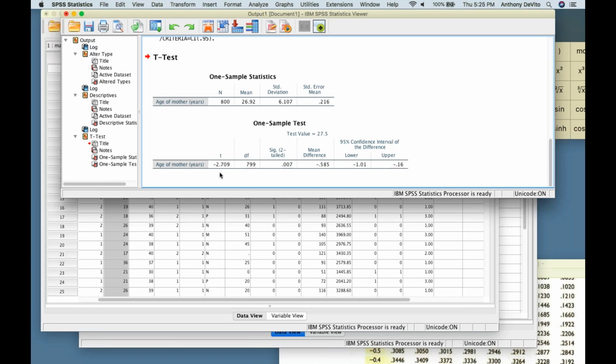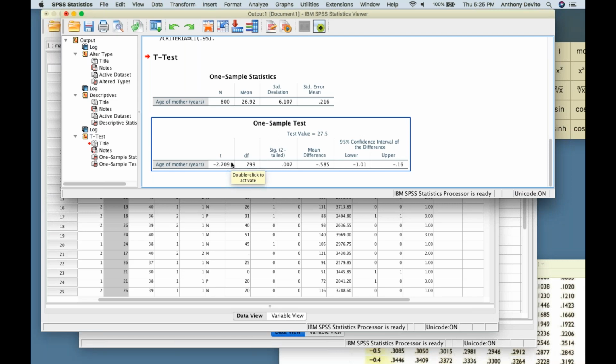Now, if it had come up 1.6, I would have failed to reject the null hypothesis. That doesn't mean mu1 equals mu2, right? I don't accept the null hypothesis. I only say I failed to reject it, because that's not really what this does anyway. So this tells me I can reject my null hypothesis.